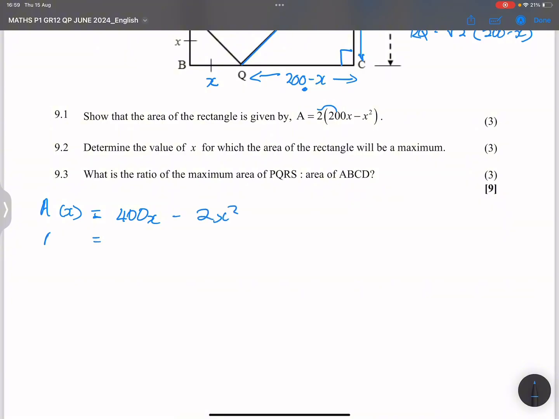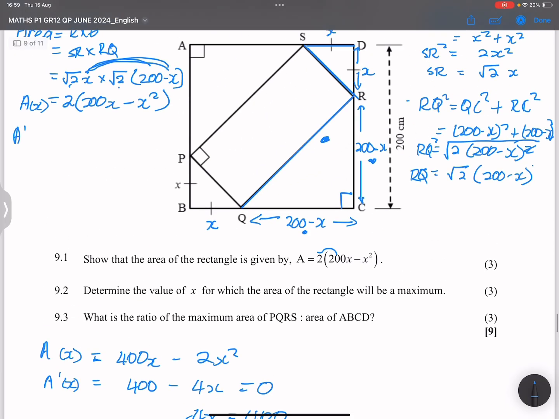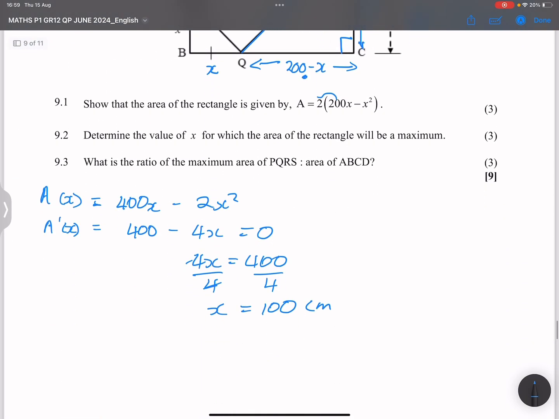And so A prime of x will give us 400 minus 4x. And this is equal to 0. The derivative must be equal to 0, right? So that means that 4x will be equal to 400. And if we divide both sides by 4, that means x should be 100 centimeters, right? So remember that our distance, or rather our perimeter, is expressed in terms of centimeters, right? Don't forget that part.